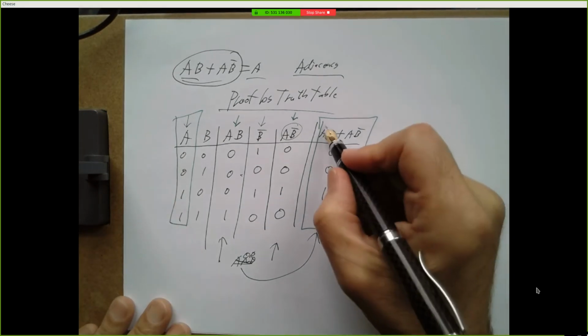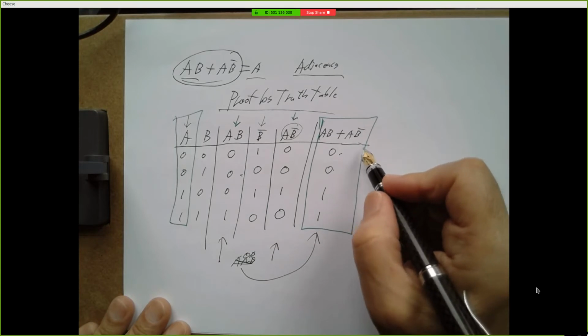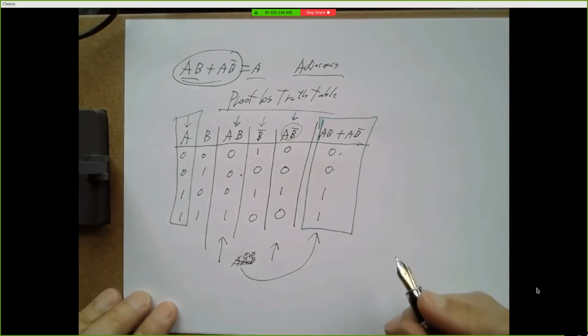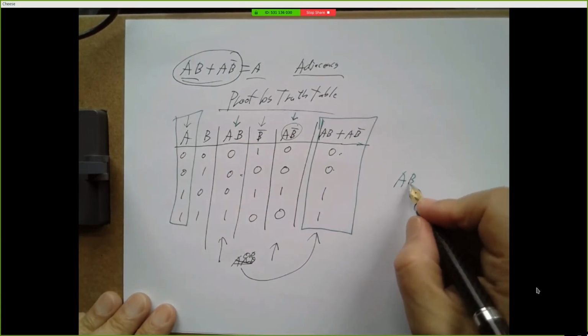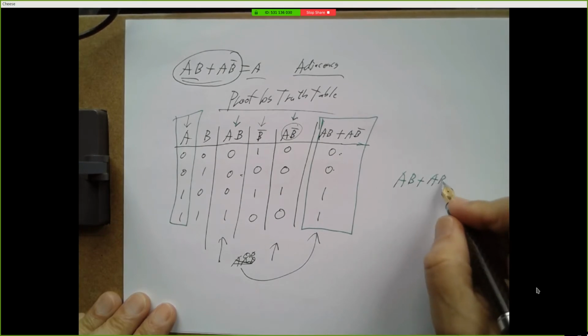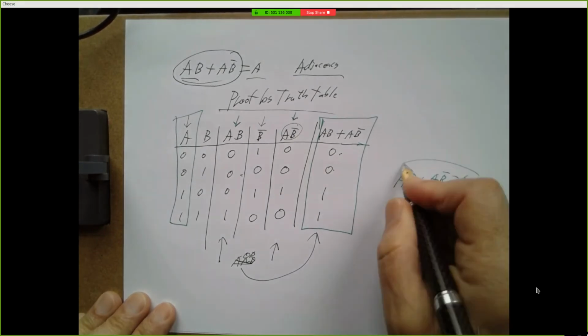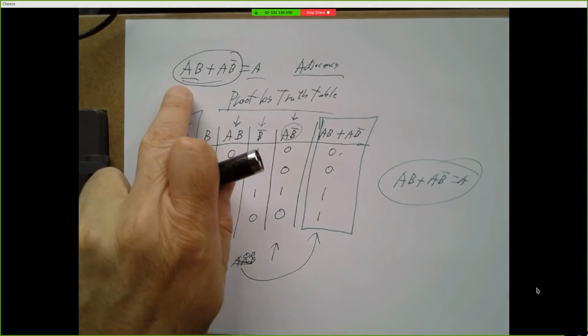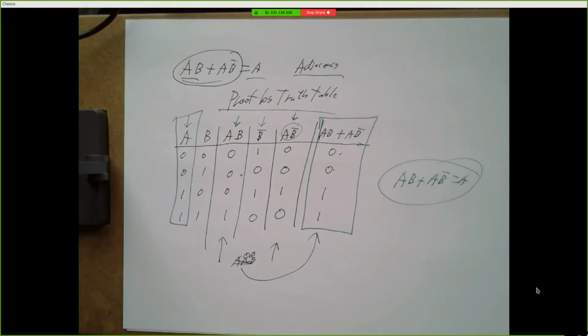Since in all possible cases this expression has the same truth value as A, that allows me to say that they're equal. So we've proven that this statement is true, this theorem, and we did it by using a truth table.